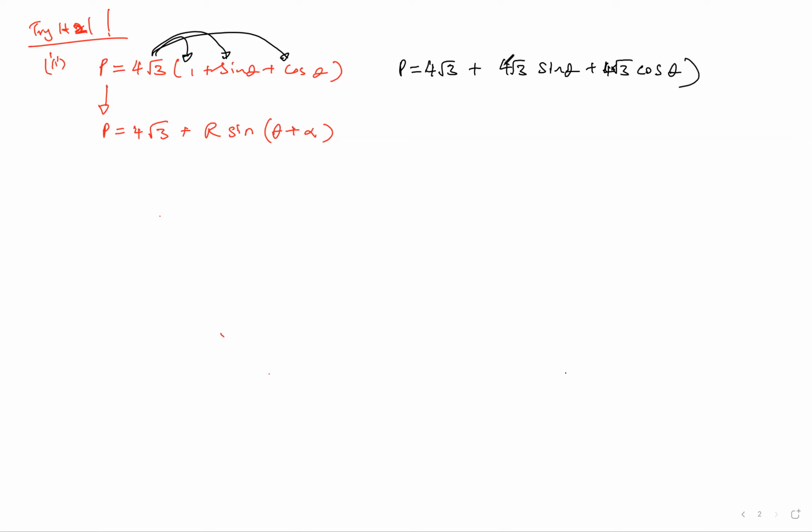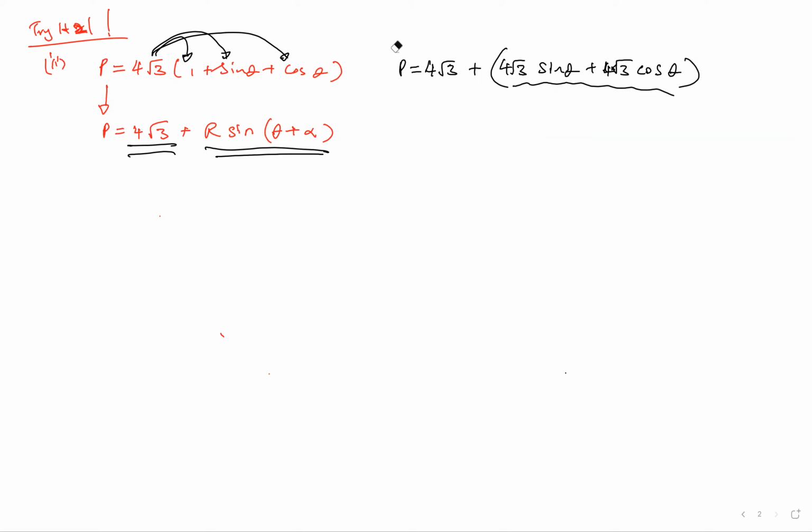So if you notice, I'll bracket this up. I hope you can see that this is one part, this is another part. The other part is this one, the r sine.